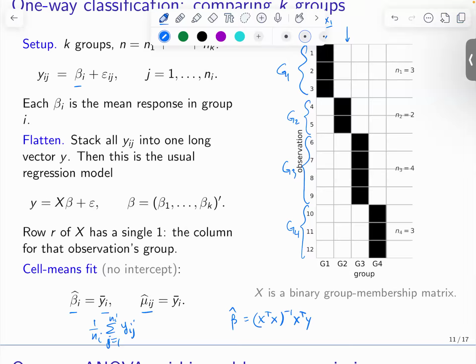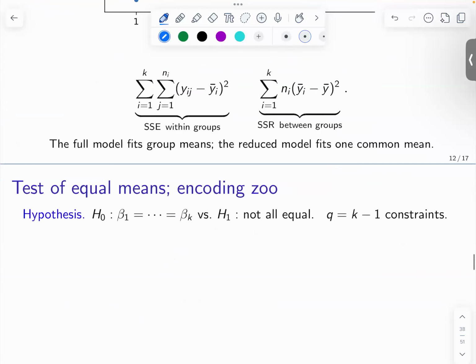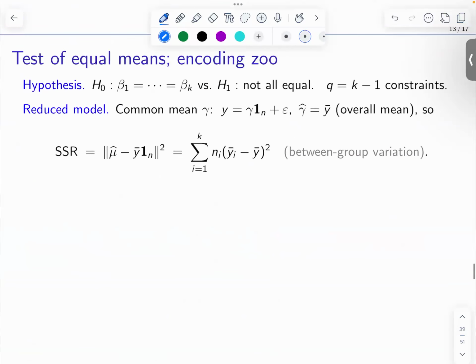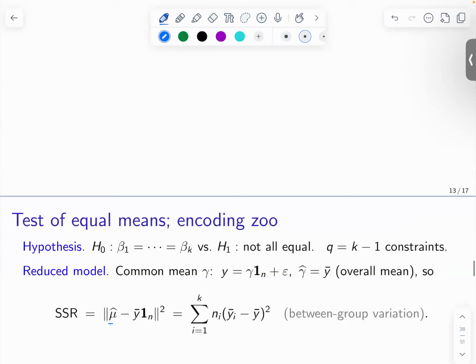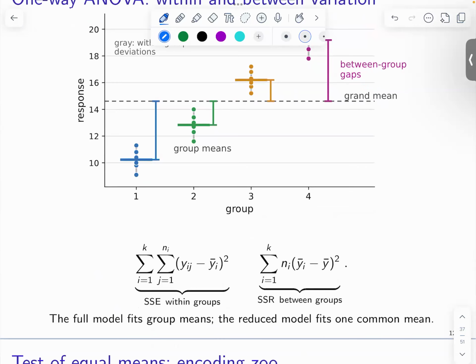Sorry, Y bar. And so if you look at the errors, okay, so this is the picture. Maybe I'll skip this picture. So if you look at the error, what is the error? I should say this would be the SSE basically.